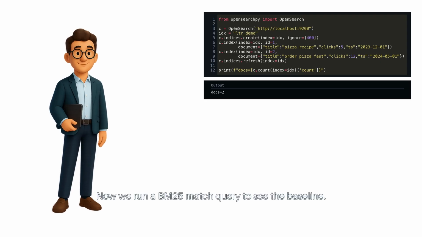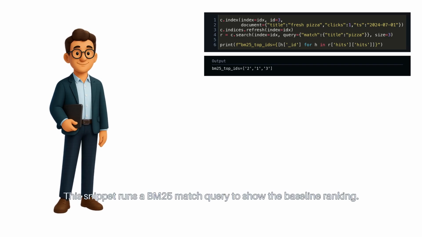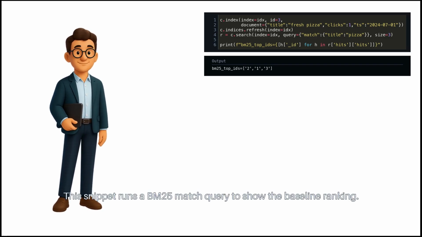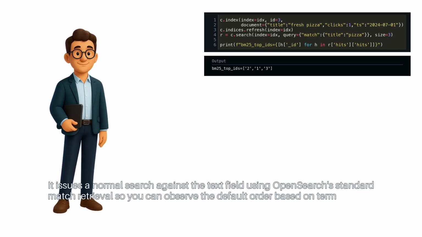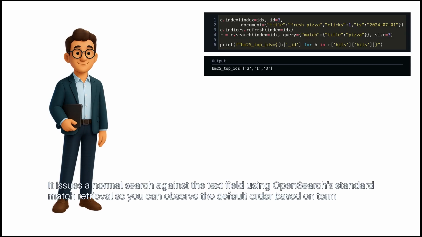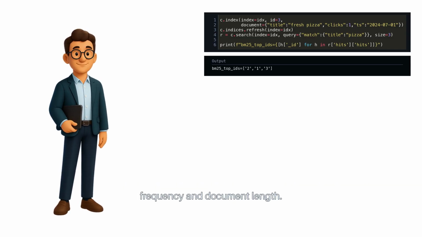Now we run a BM25 match query to see the baseline. This snippet runs a BM25 match query to show the baseline ranking. It issues a normal search against the text field using OpenSearch's standard match retrieval, so you can observe the default order based on term frequency and document length.